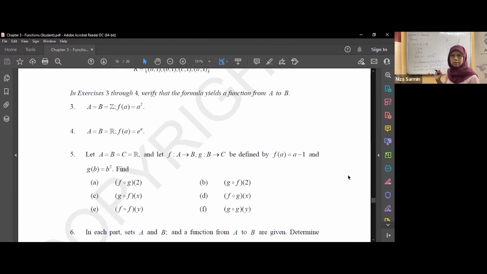All right, so we have to find the composition. This is R to R, R to R.